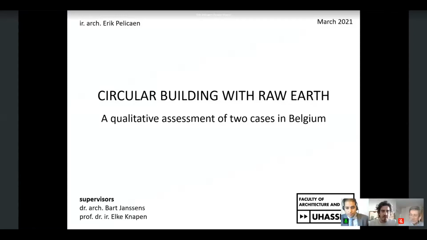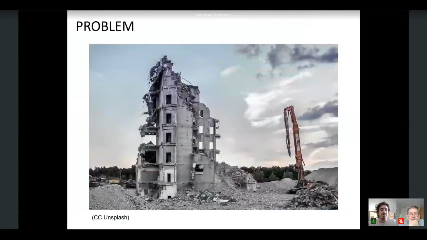Good luck. Okay, so I would like to present to you my paper about circular building with raw earth, a qualitative assessment of 2 cases in Belgium. So we're all here because the main theme of this conference is about how to deal with this problem. And I think we can all agree that we have created a building tradition that is impossible for our planet to sustain.